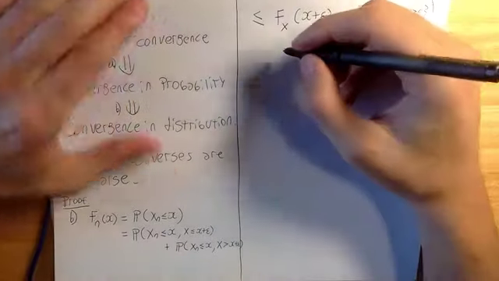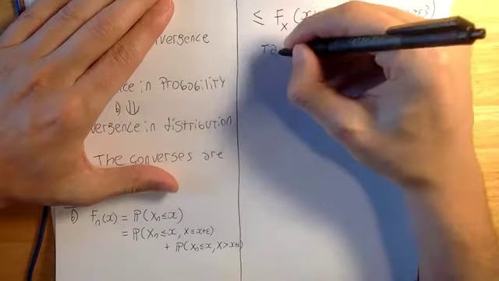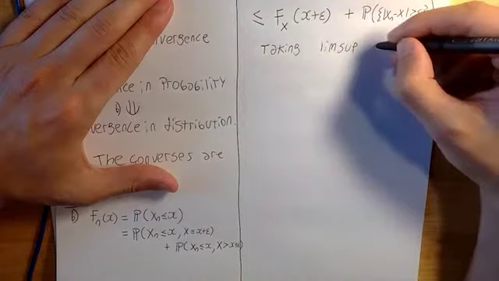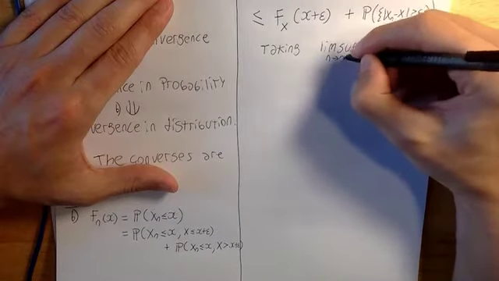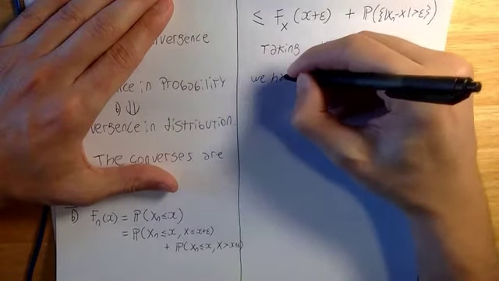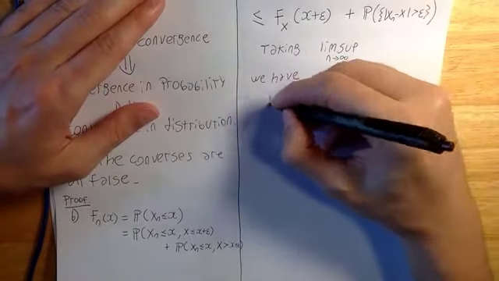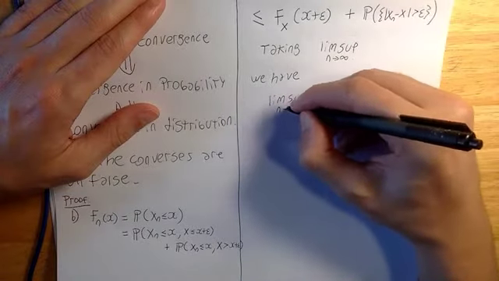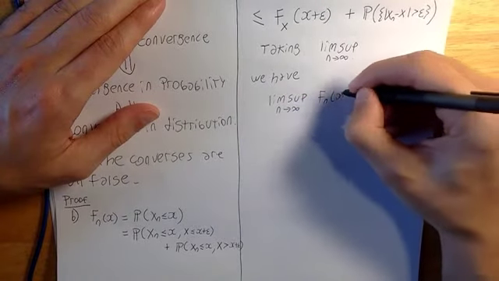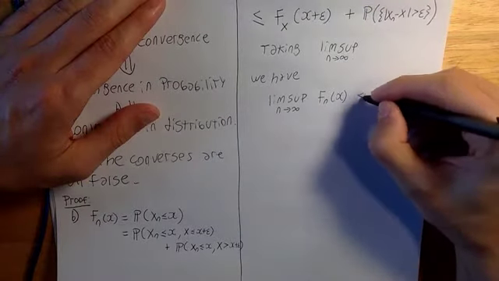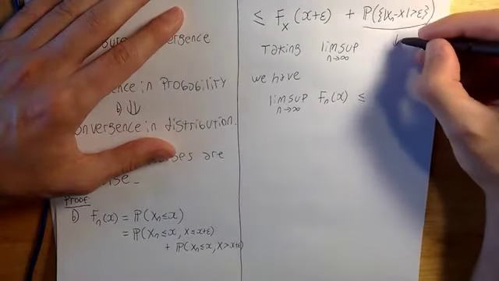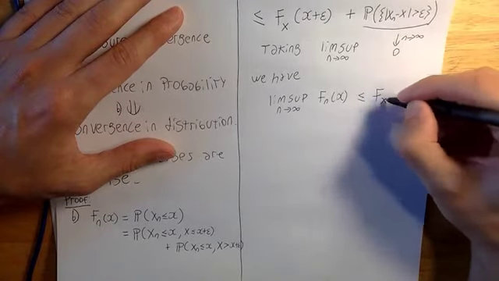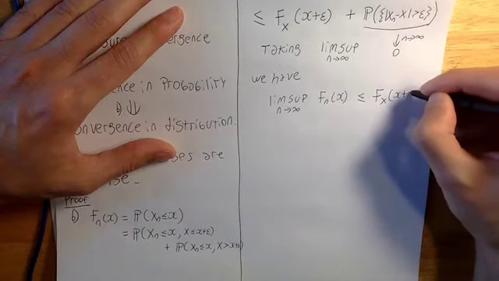Taking the lim sup as n goes to infinity, the lim sup of F_n of x is less or equal, since the last term goes to 0 when n goes to infinity, than F_X of x plus epsilon.